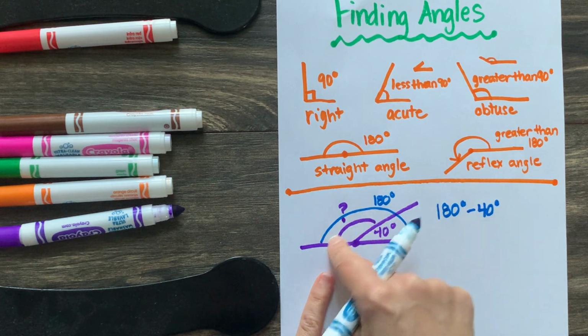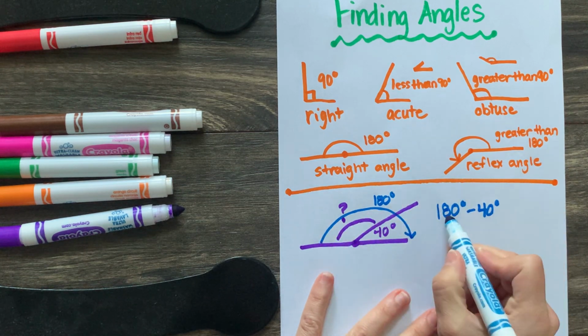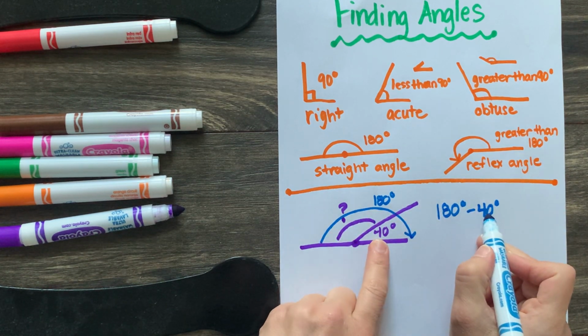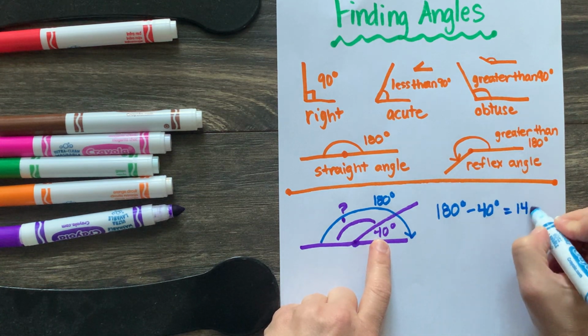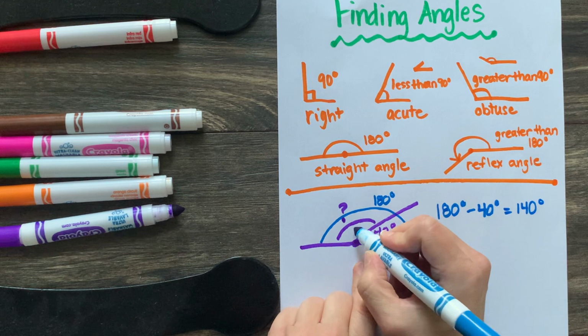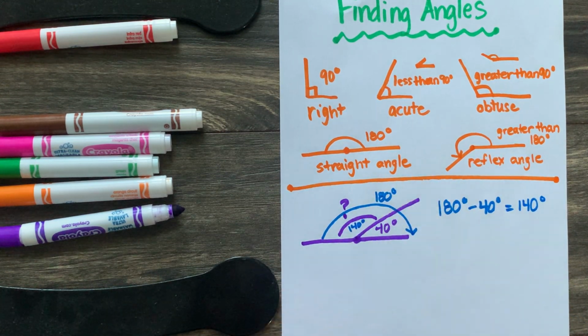I'm looking for what's left, the difference here. If I take 180 and subtract 40, I'm going to end up with an angle that is 140 degrees, which tells me that this angle here, this question here, is 140 degrees.